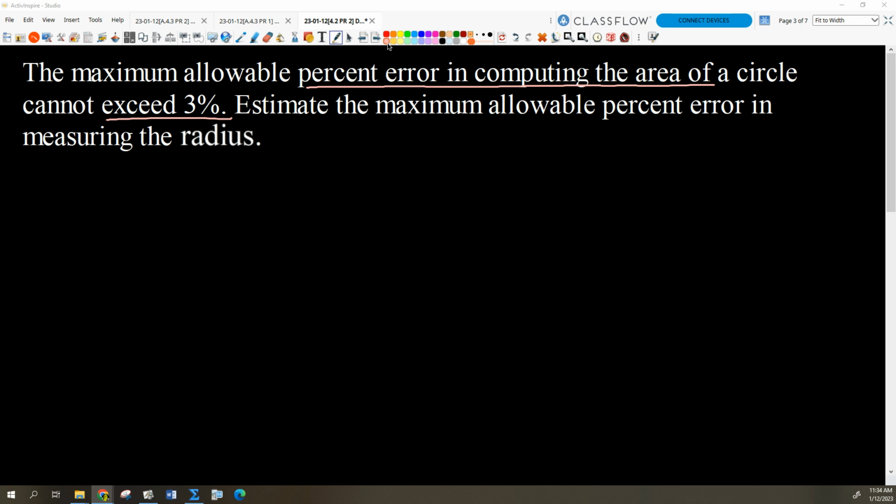That's dA over A, isn't it? Right? So we're given dA over A is less than or equal to 0.03.